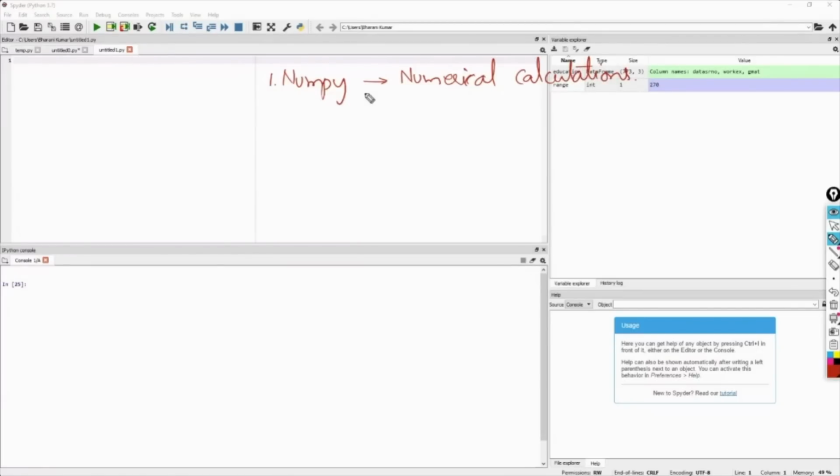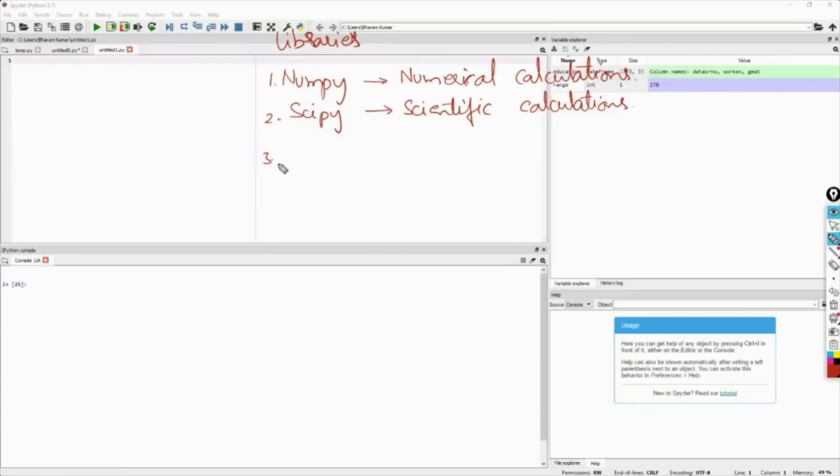Second, you have another library called as SciPy. SciPy is used for scientific calculations. These are all called as libraries, my dear friend.